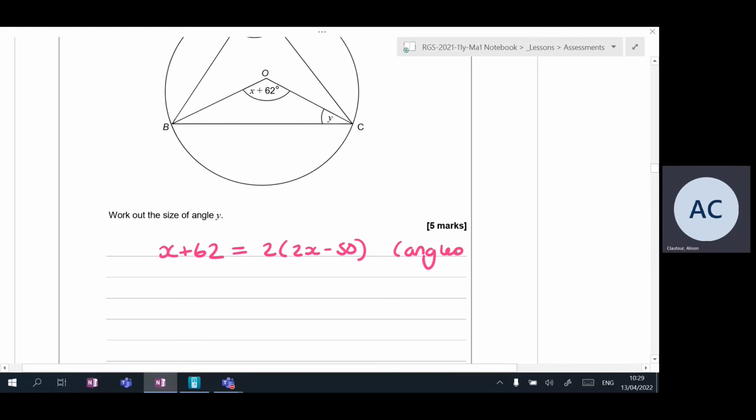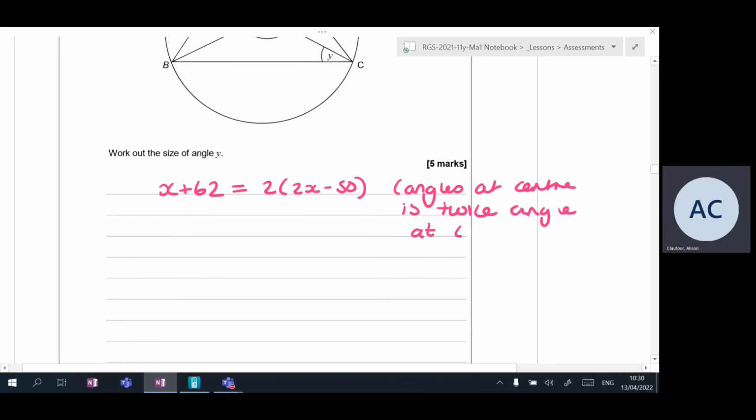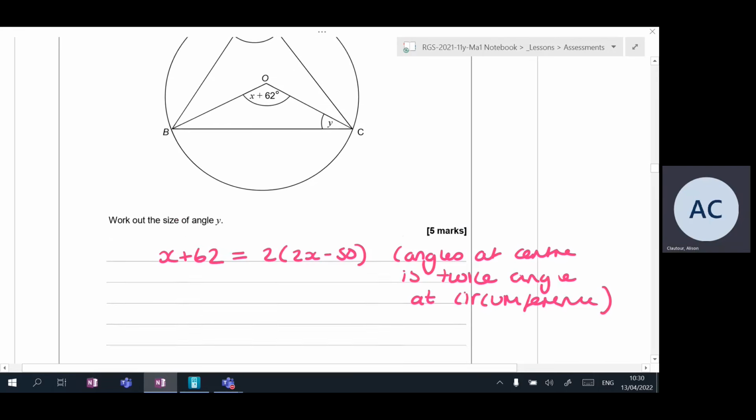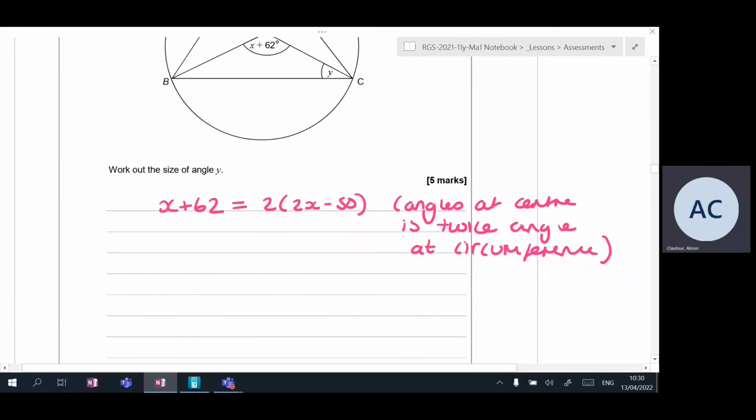Okay, still need to put your reasons. So the angle at the centre is twice the angle at the circumference. Okay, so I can use that fact to solve that equation and find out what x is.